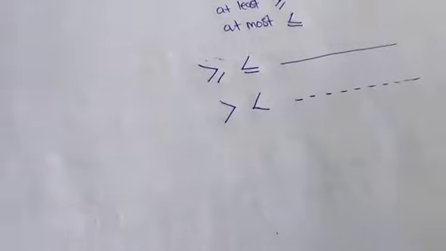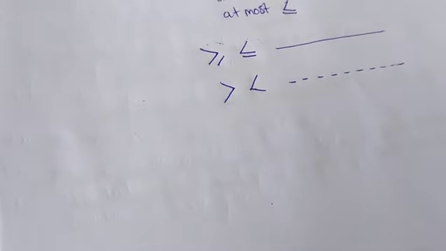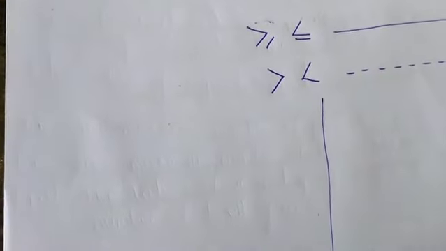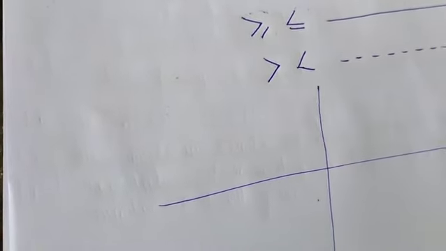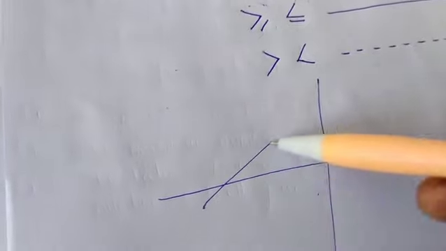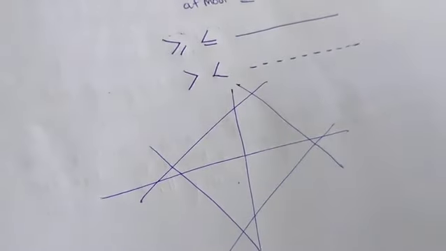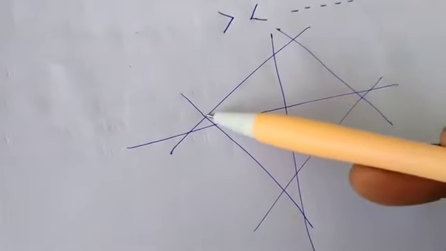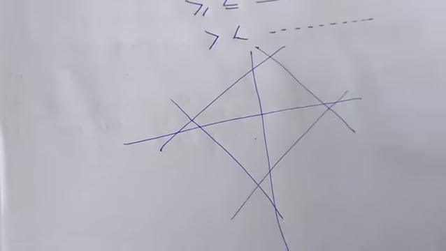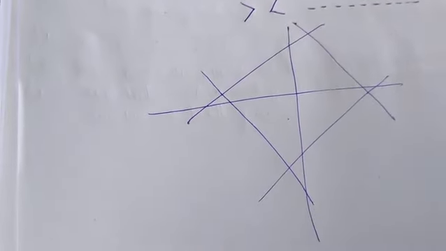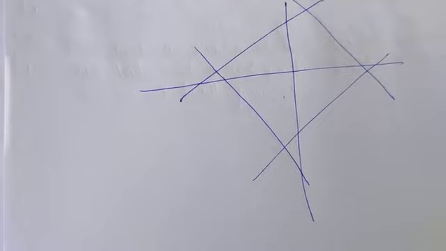Okay, also that you must shade the unwanted region. Let's say after doing your inequalities, you have something like this, and something like this. So maybe these are the lines of your inequalities after doing linear programming.